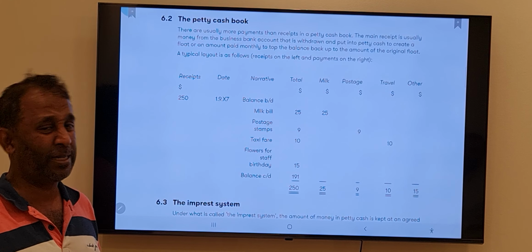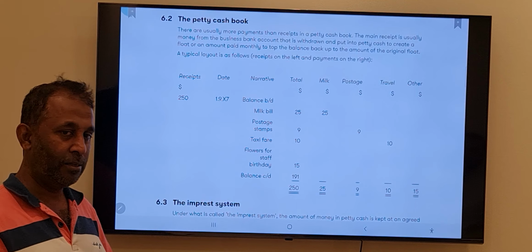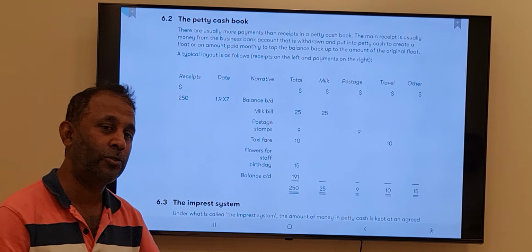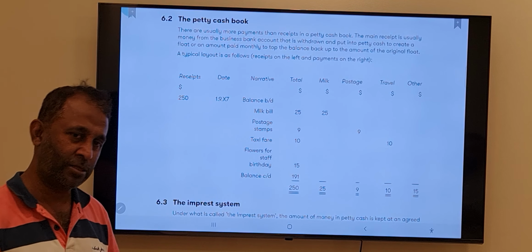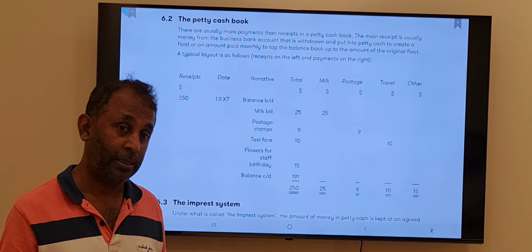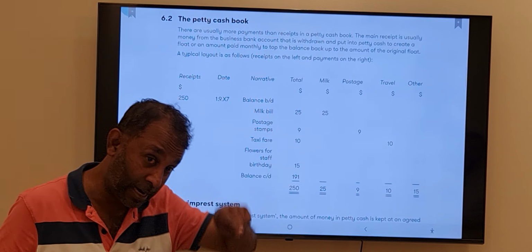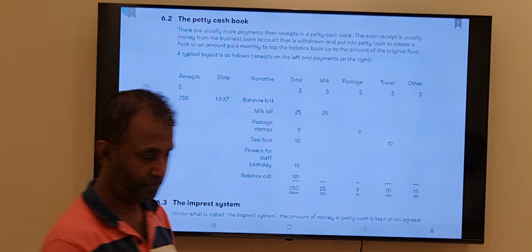But some companies don't follow it. Every time, depending on the cash availability, they issue petty cash. Sometimes $500, sometimes $1,000, sometimes $100, like that. But if you want to adopt the imprest system, you should reimburse exactly the amount that the petty cash expenses are.